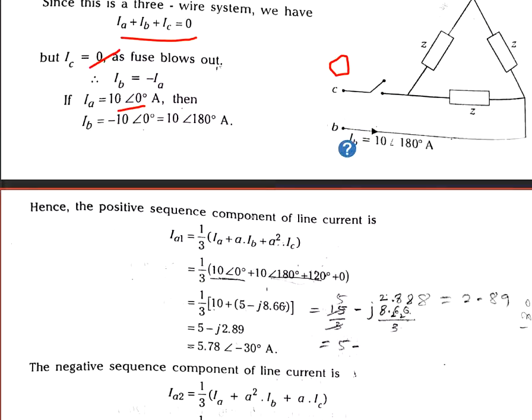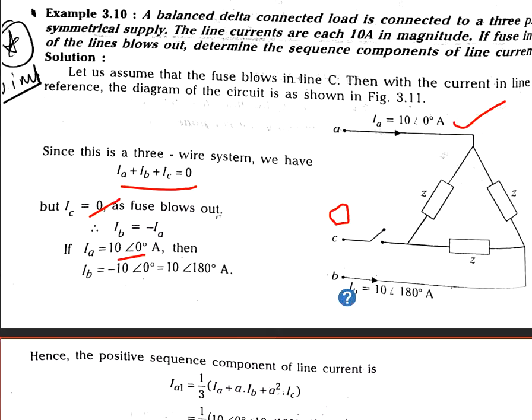Now find out the positive sequence component. As you know, IA1 equals 1 by 3 of IA plus A into IB plus A square into IC. Anyway, this last term will be 0 because IC is 0. Now find out what answer you are getting. We'll see whether it is matching.